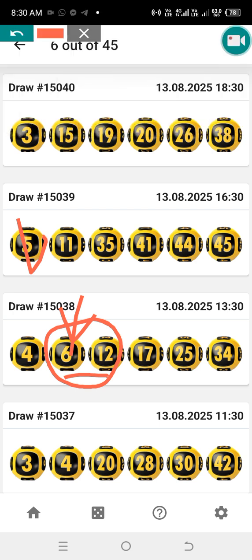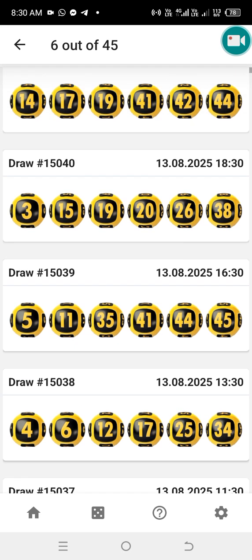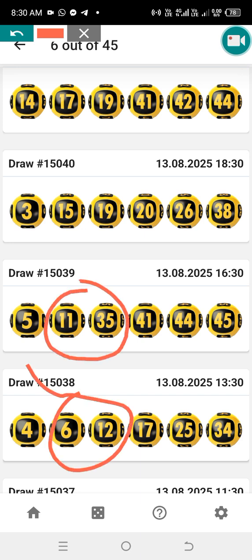Then this is 6 as well, which is a 3, because 6 is a family of 6, so you do minus 3. Family of 6 you do minus 3, family of 3 you do plus 3. Each number has its own nearby number. Here again, this is 6 and 3, because they are skipping a draw to play this number.